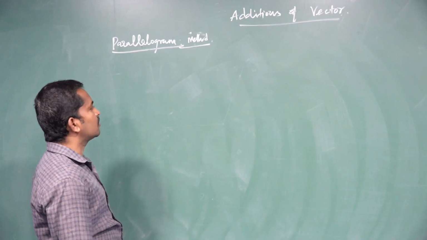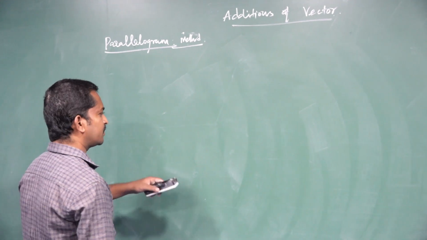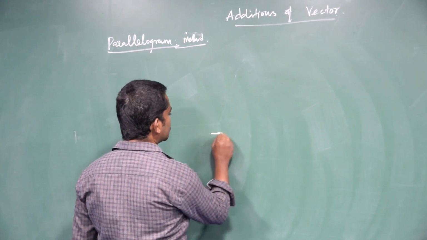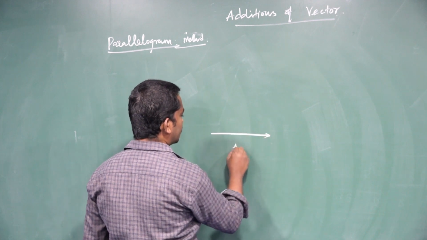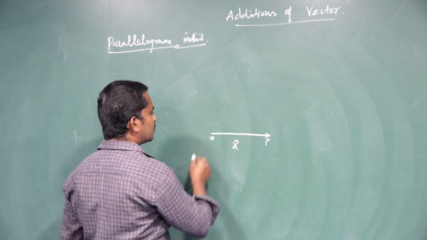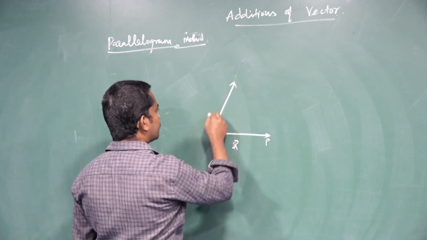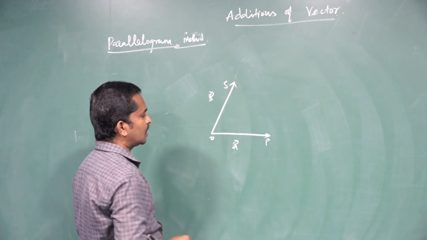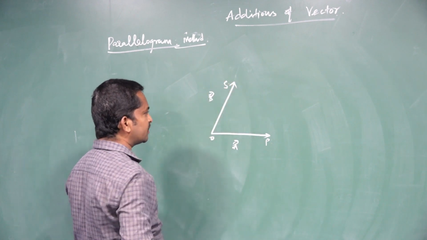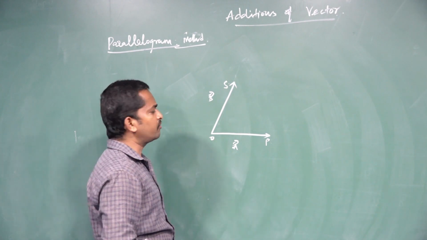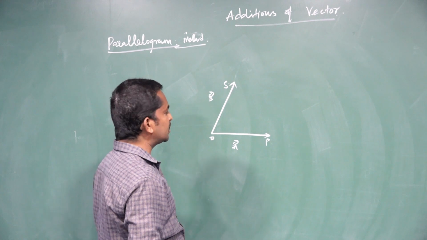Next is the parallelogram method. Very easy one, same phenomena, slightly different. See, this is A vector, OP is A vector. Another one is B vector, this is OS. So the two vectors, A vector and B vector, are the adjacent sides of the parallelogram.